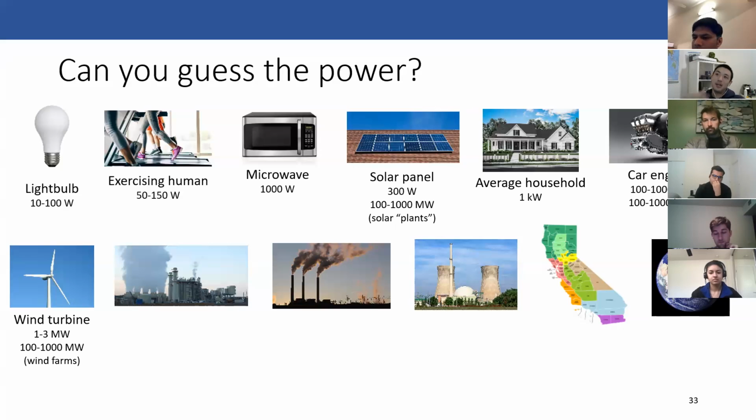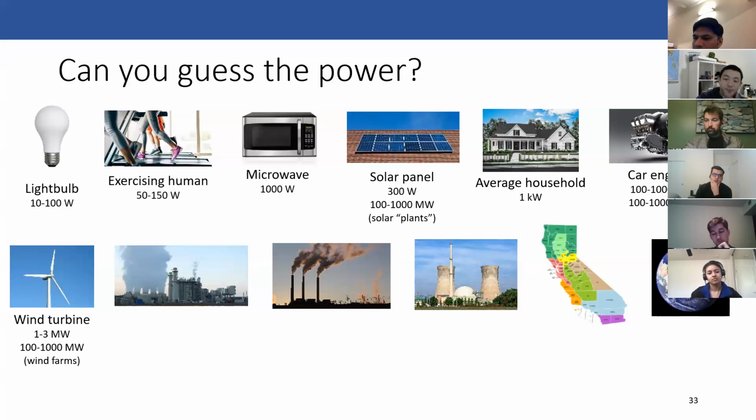That's like a single turbine can power like 5,000 homes. Yeah, and so in aggregate, similar to solar panels, right? These things can produce as much power as full-scale fossil fuel power plants. So 100 to 1,000 megawatts.